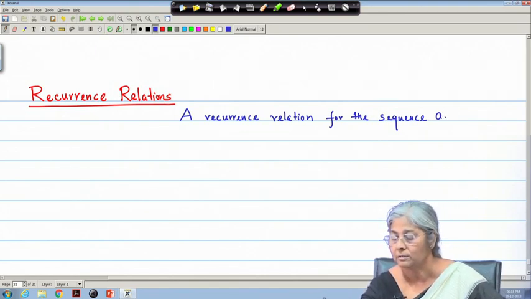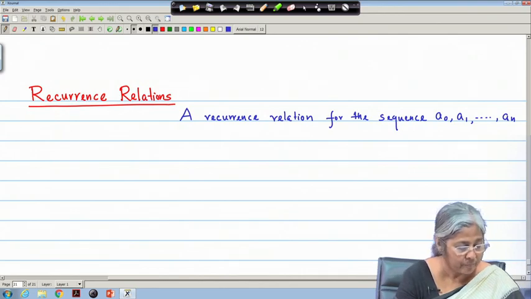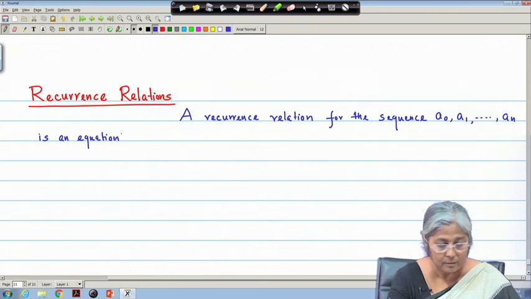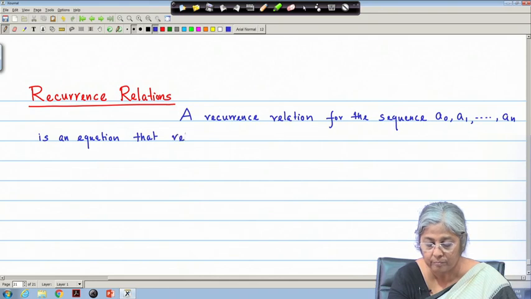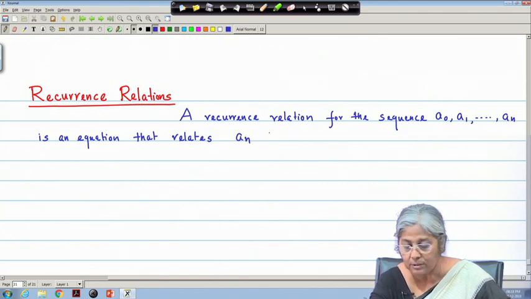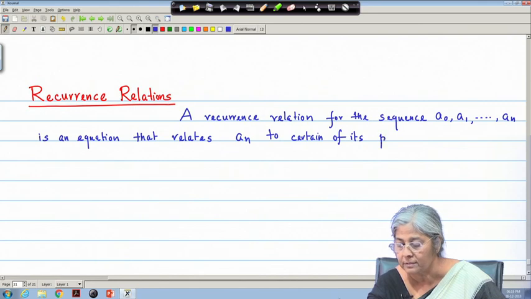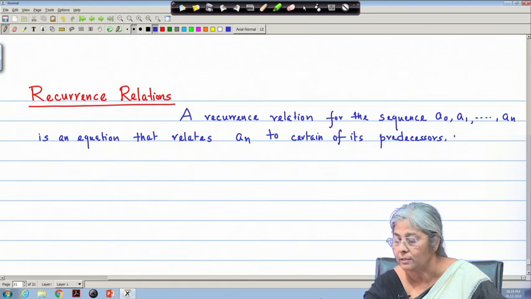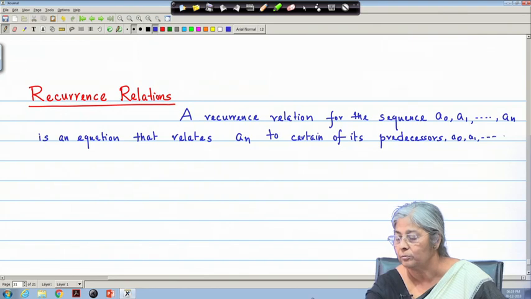For a sequence A0, A1 to An, a recurrence relation is an equation that relates An to certain of its predecessors, and the predecessors are A0, A1 up to An minus 1.